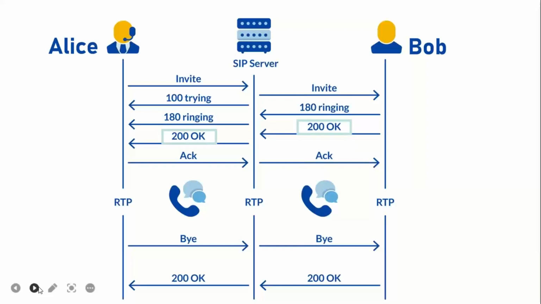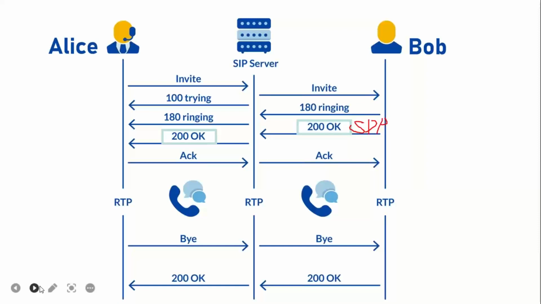A 200 OK means Bob picks up his phone. So his phone will send a 200 OK to the PBX. The body of this 200 OK also contains an SDP message. So remember, SDP in 200 OK, SDP in INVITE. That's what I want you guys to know.